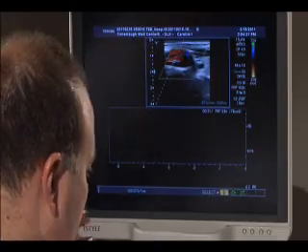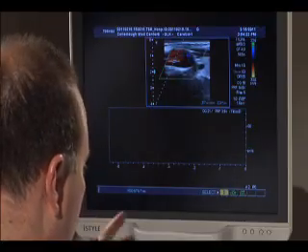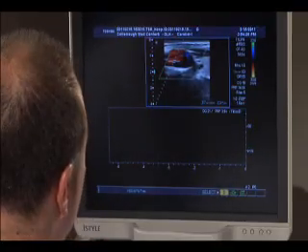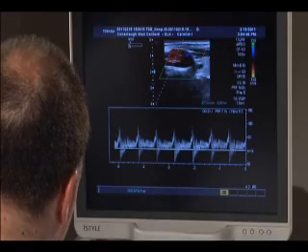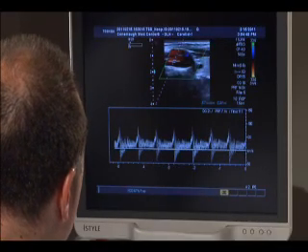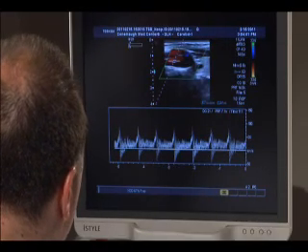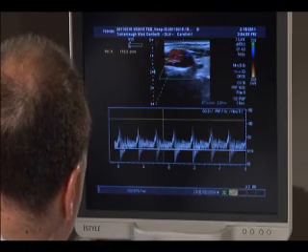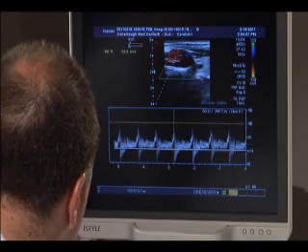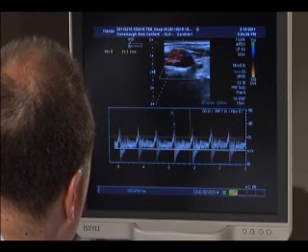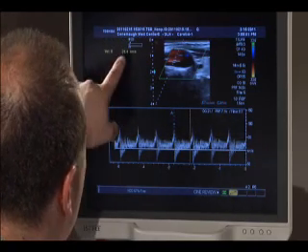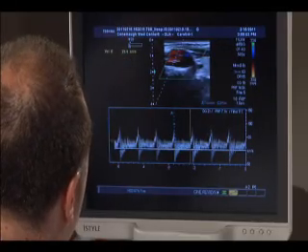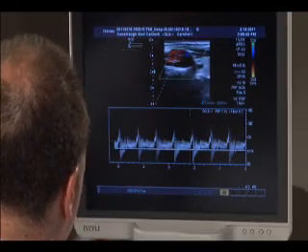Again, exactly the same as a radar gun that a police officer would use to check the speed of a moving car. Mm-hmm. And then we measure the speed of the blood flow through the different levels. And it tells us exactly how fast the blood flow is moving at each point within the vessel.